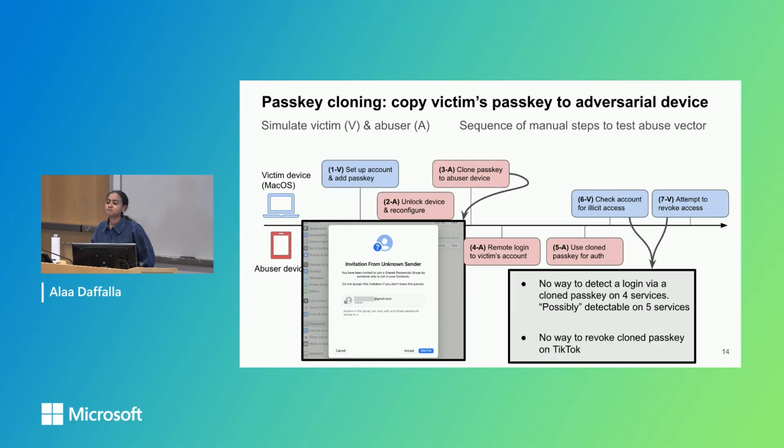I'm wondering if the problem is really allowing the passkeys to be synced, or is it the process of syncing? Which one is the problem? Well, a key feature of passkeys is that they can be synced across devices, right? That's the main value point that people are advertising.